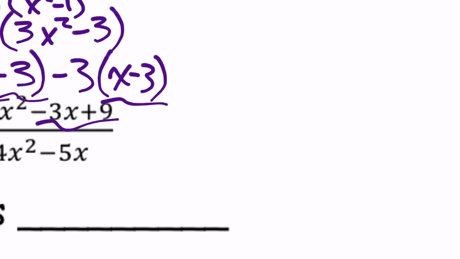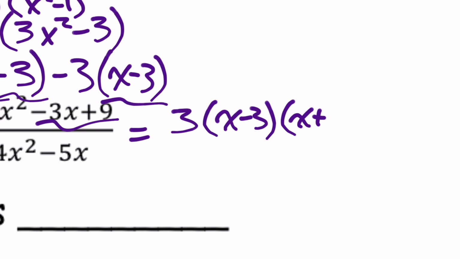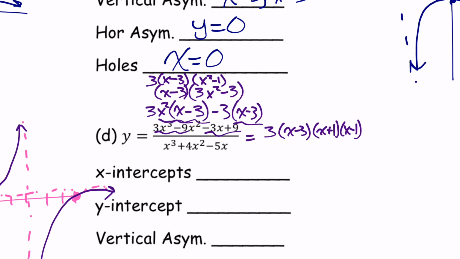So my final result for that numerator is 3 times the x minus 3 I pulled out times the x plus 1, x minus 1 that I just discovered from factoring that difference of squares, x squared minus 1. So that will be over x cubed plus 4x squared minus 5x.